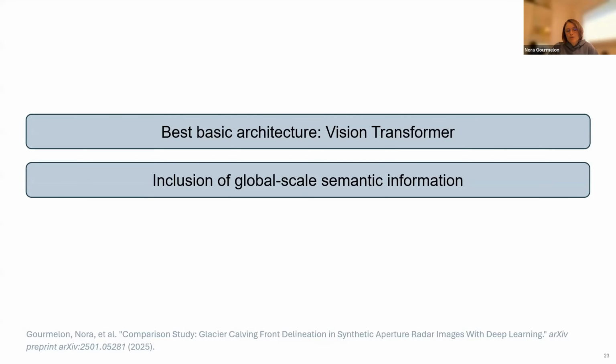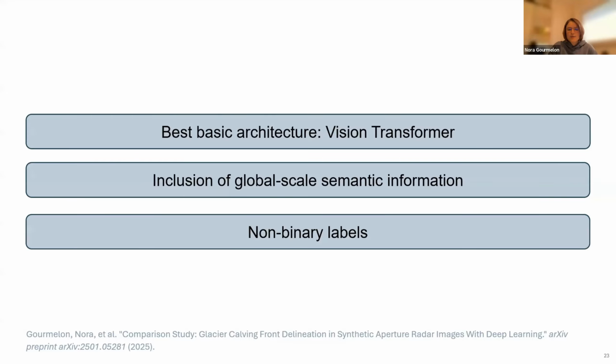Then the inclusion of global scale semantic information is very beneficial. So as I showed you earlier, if we zoom in too much, we don't recognize anything anymore. But if we somehow incorporate the global scale or contextual information, we get better results for these models that do that.